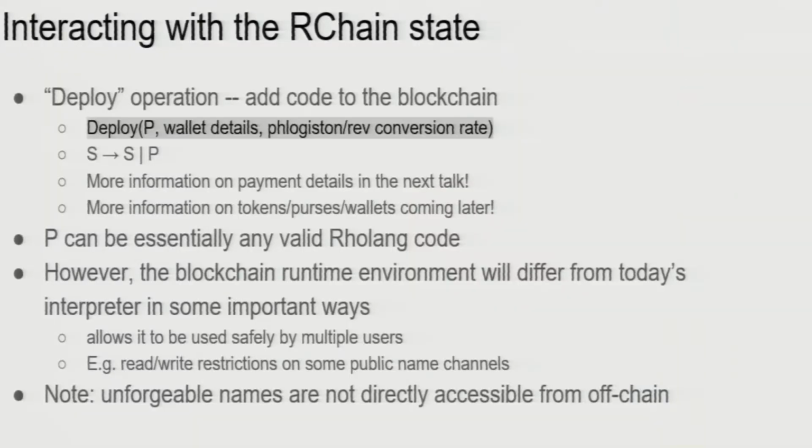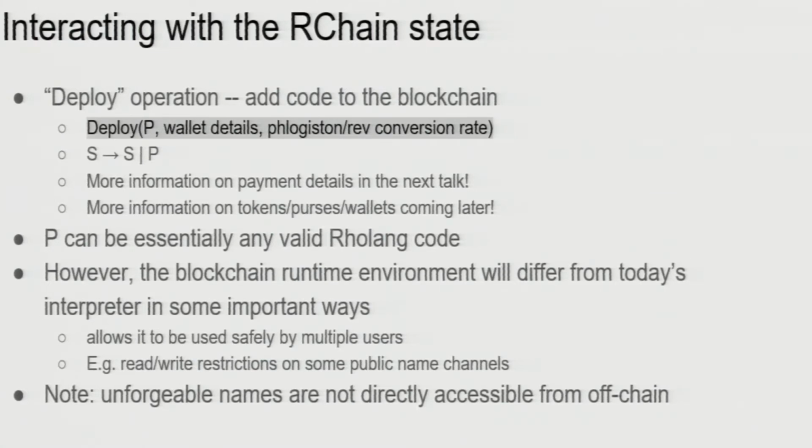But notably, there will be restrictions on certain public names. So the Registry Contract is going to take care of that, and we'll talk about more later. And again, I've noted at the bottom of the slide, this is a key point. Unforgeable names cannot be accessed in a deploy event from off-chain. Why?